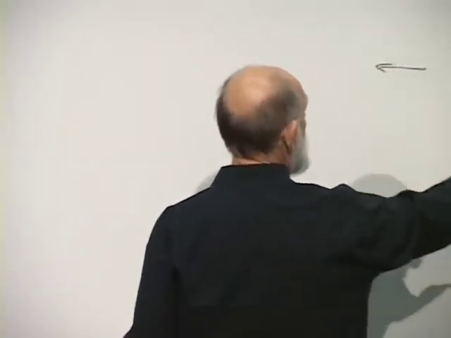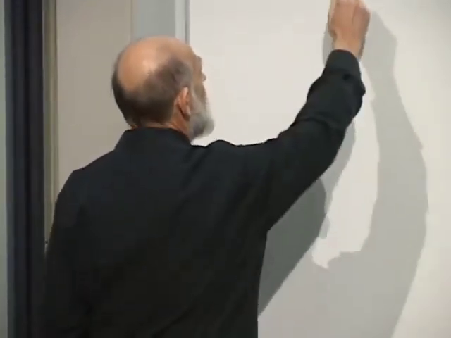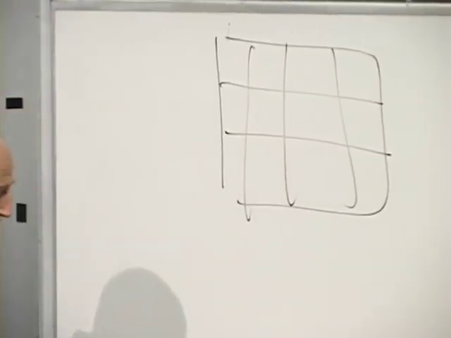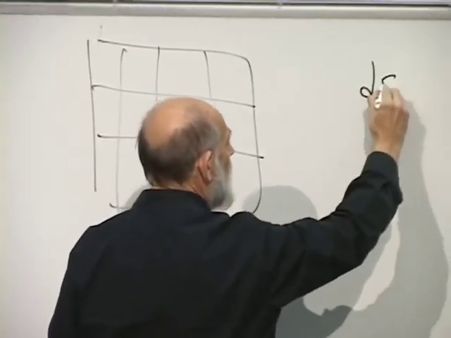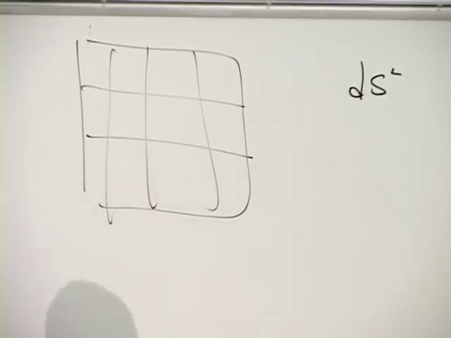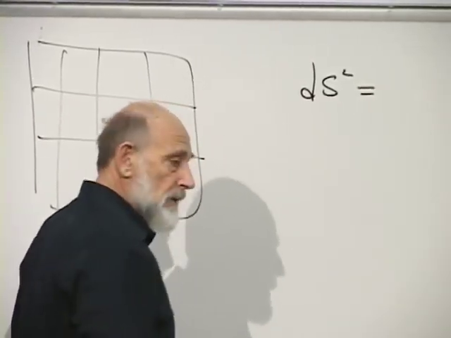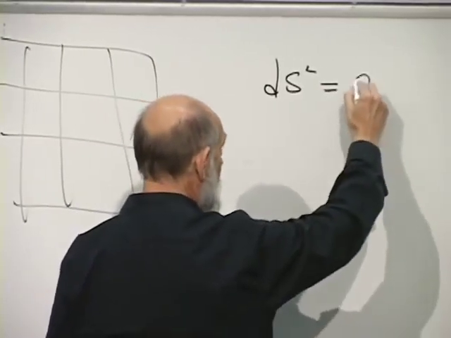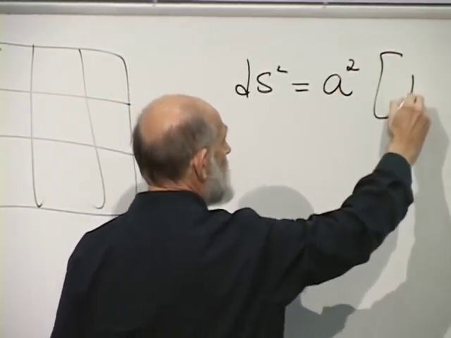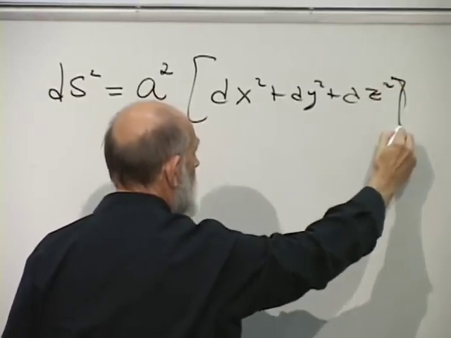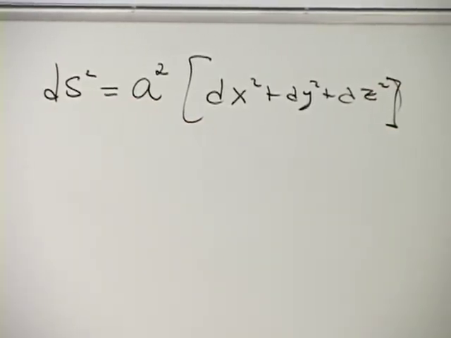Okay, so let's begin then. We want to get somewhere tonight, so let's very quickly say, if I have a flat space, which I can just draw as a coordinate grid like that, then it has a metric, let's call it ds squared for spatial separation, for distance. ds squared is some constant, any constant will do, let's call it a squared, times dx squared plus dy squared plus dz squared, where a is just a fixed number.